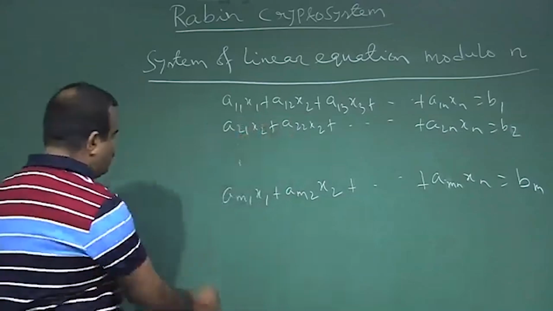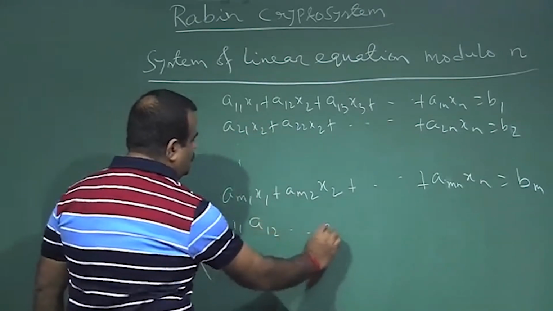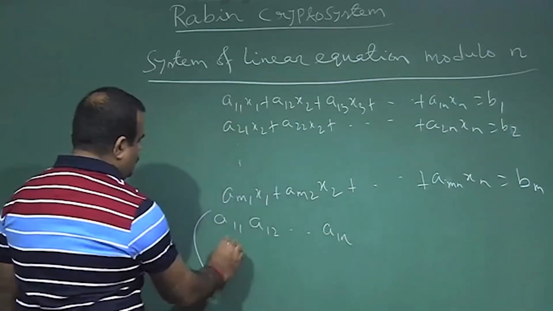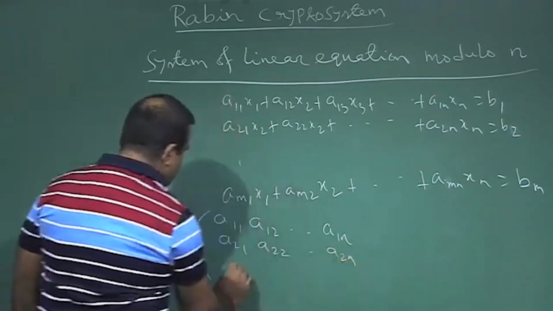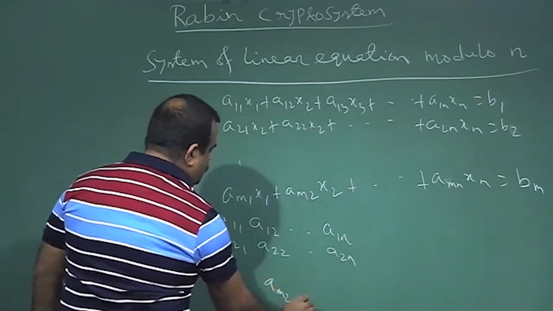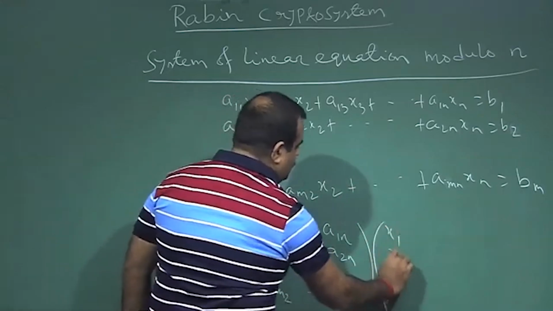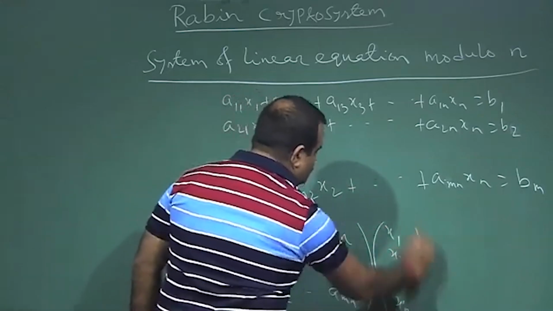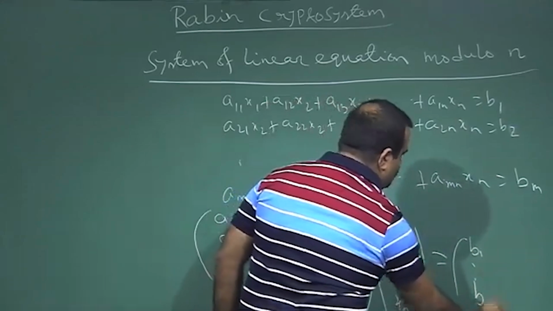So this we can write in matrix form, as you know: the matrix with entries a11, a12, a1n, then a21, a22, a2n, up to am1, am2, amn, times the x vector, equal to the b vector.